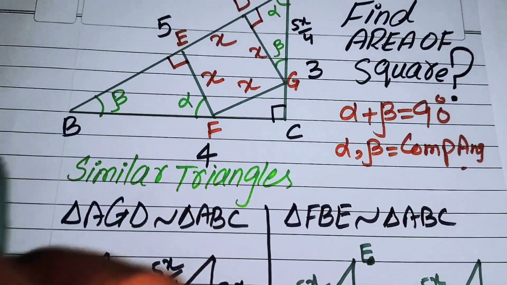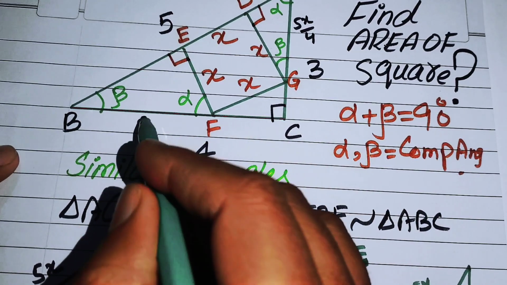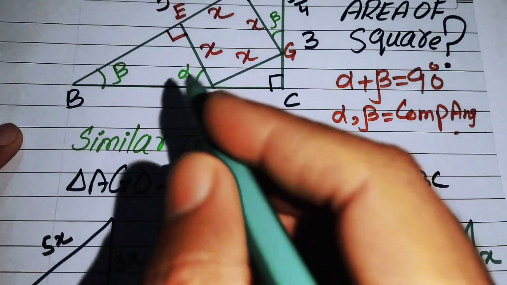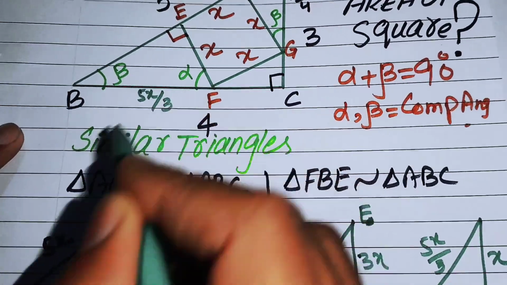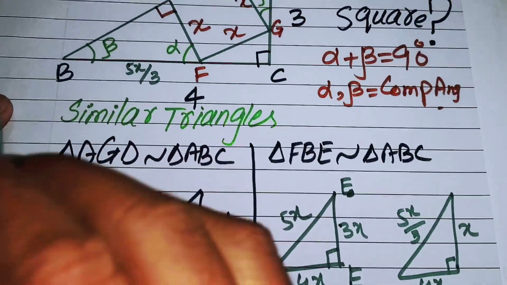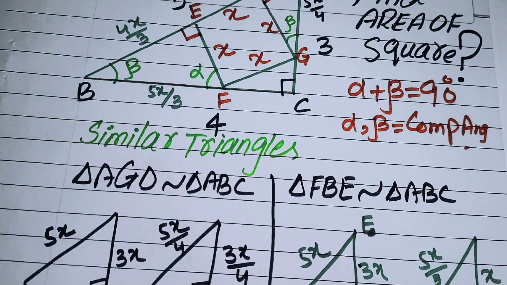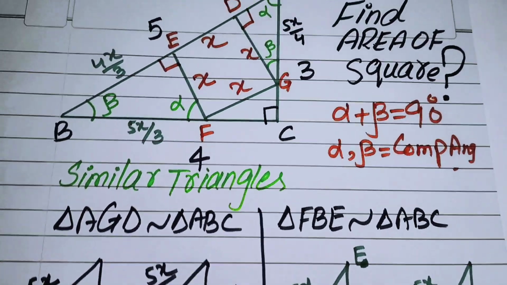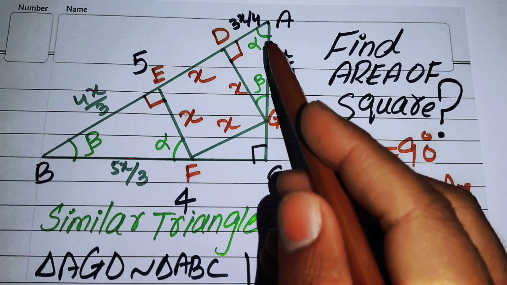This is the right angle, so this will become the hypotenuse, and this shows that our hypotenuse is 5x over 3. So it means that the length of this side is 5x over 3 and the length of this side is 4x over 3.